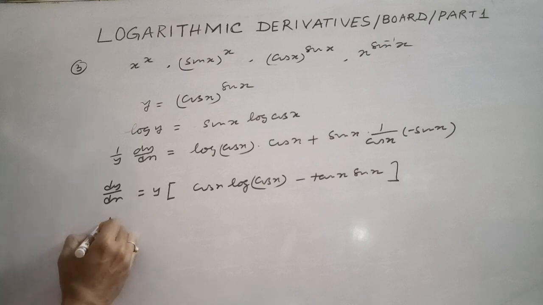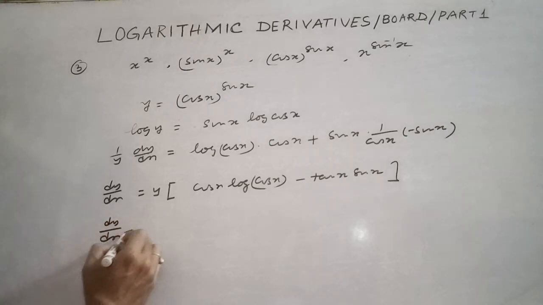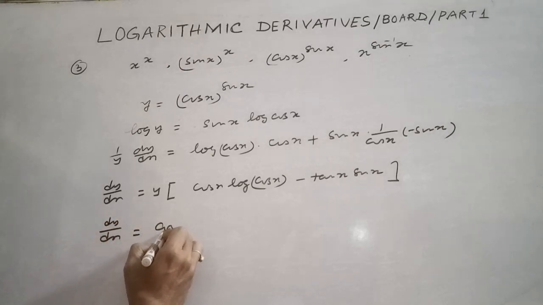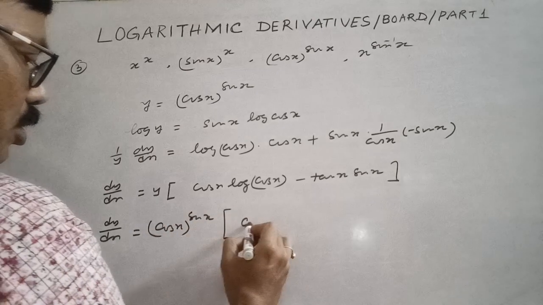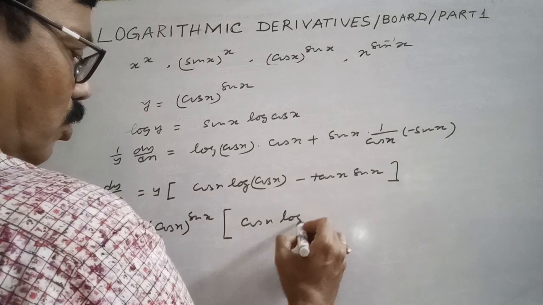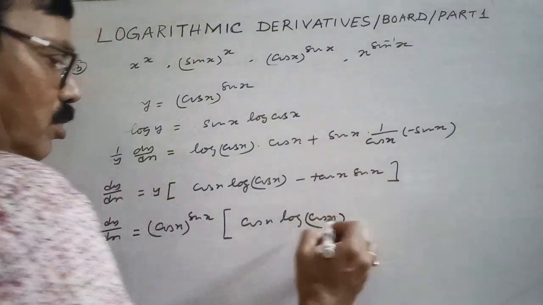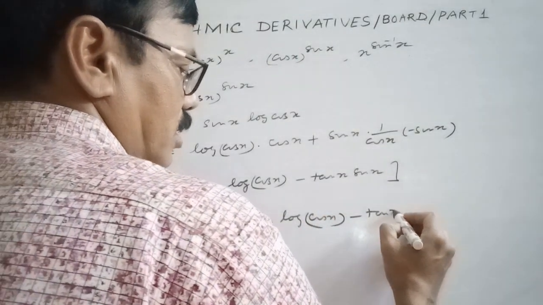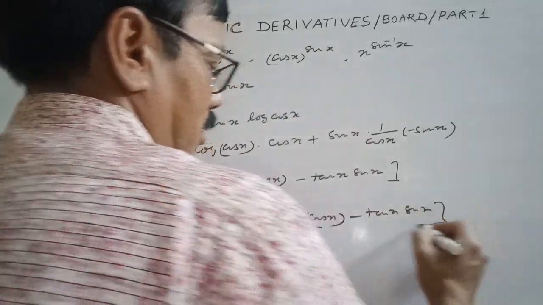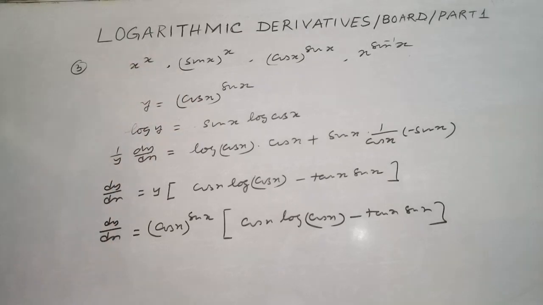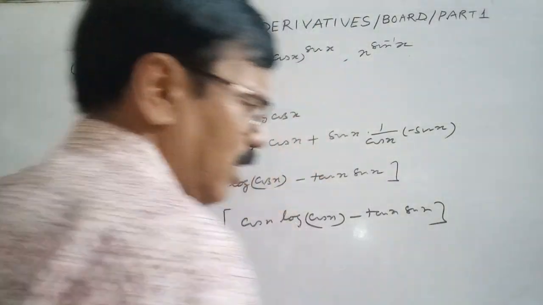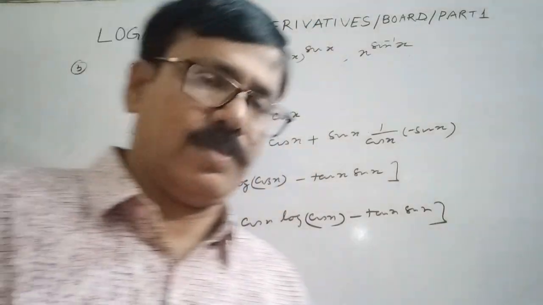So dy by dx equals cos x to the power sin x into cos x log cos x minus tan x into sin x. The result is not in simple form.